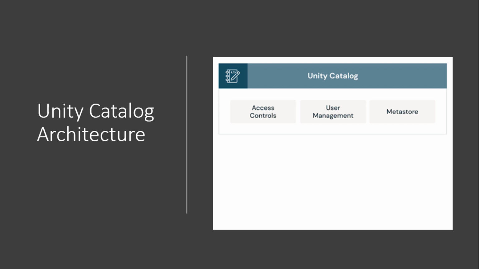So, your data objects such as databases, tables, and views are defined in the Unity Catalog metastore. Your users also live in the catalog. Once these two things are centralized, you only grant permissions to users for your data objects. So, you will define who can do what, and that information is also stored in the Unity Catalog.